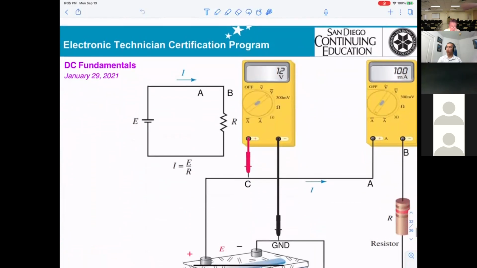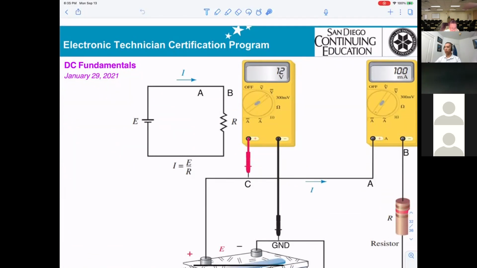Now, on this thing here, what you really need to know when you start working on the lab, when you want to measure the voltage, is what we call a DMM or meter. It can measure the voltage, it can measure the current, and it can also measure the resistance.